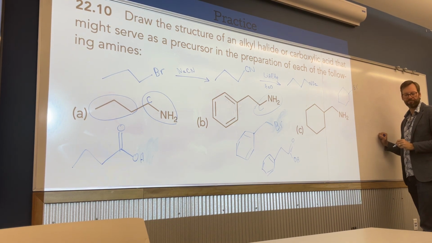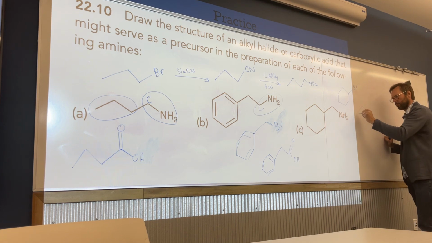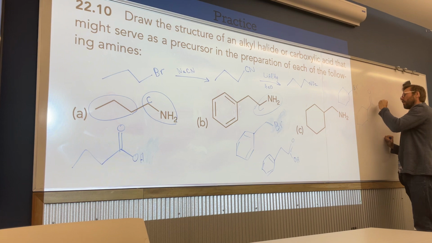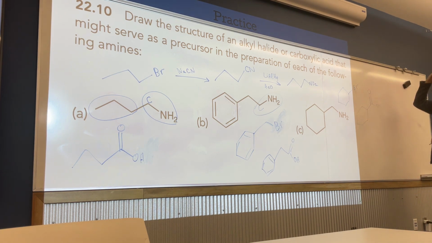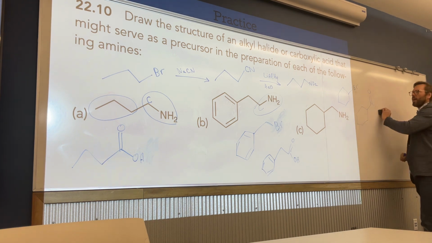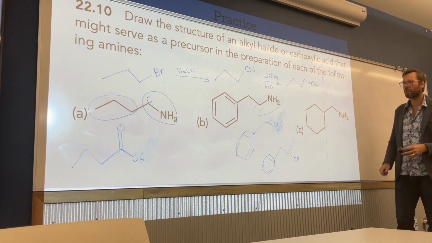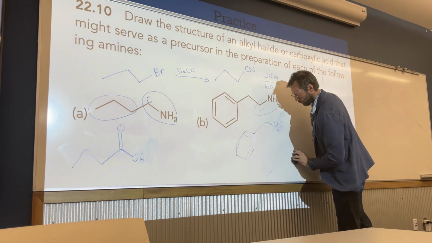Okay. And then we're going to do our carboxylic acid. All right, cool. So pretty straightforward at this point. You've done so many different things that this is probably fairly straightforward, right? Okay.